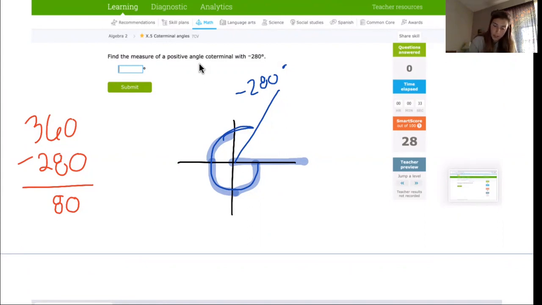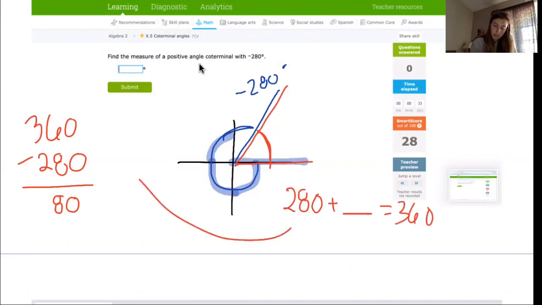Now the coterminal angle is going to be the same angle but expressed positively. So the coterminal angle I'm going to show in red is just going to be this angle right here, like if I were just to start at my initial side and then put that angle. I know that both of those added together need to add to 360. So it's like, okay, 280 degrees from the blue plus what number will give me 360?